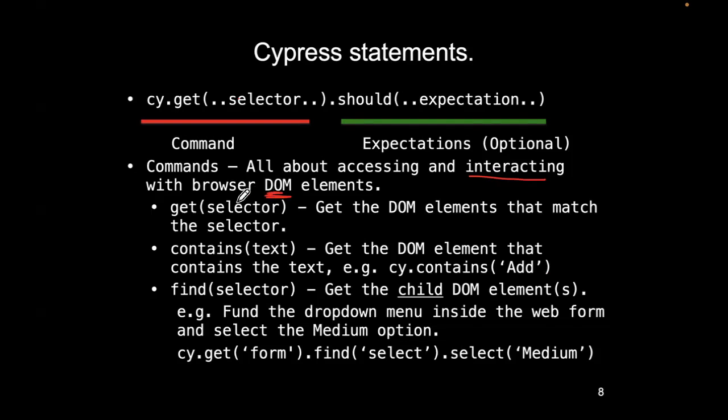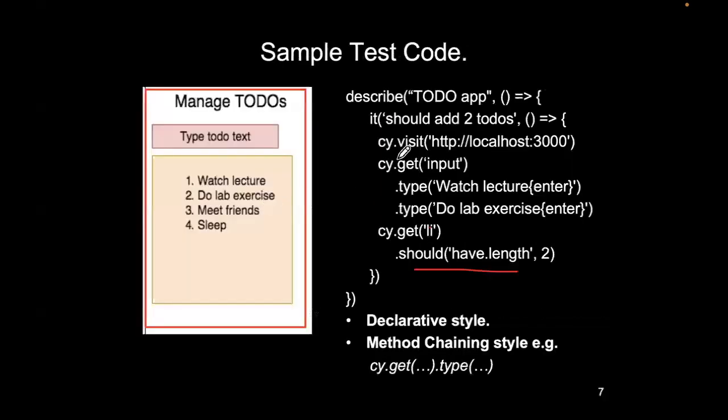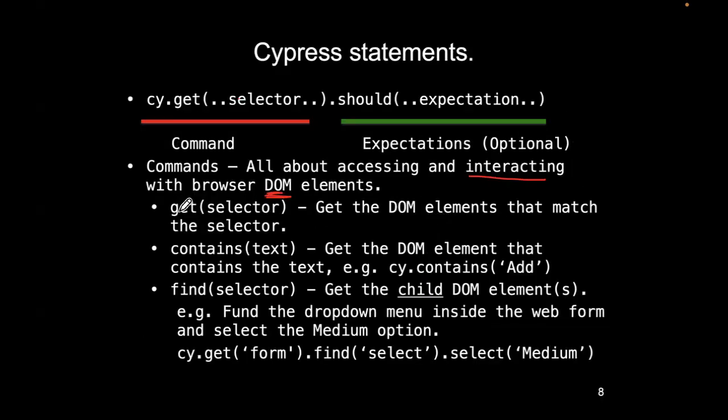There are different types of selectors, but on the previous page my selectors are always referring to a DOM element tag, as in the input tag and the LI tag. But there are other types of selectors as well. What the get method does is it gets the DOM element or elements that match the particular selector that you've specified. So it could return an array depending on what's currently displayed on the page.